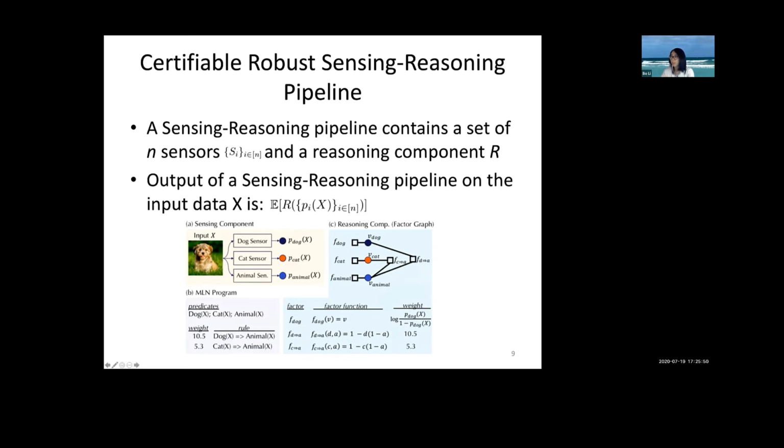So we can see here each sensor outputs dog or cat or animal, and for this output of the sensing models, there is a factor graph which can incorporate the factors among these sensors, so that we can learn the weights later for each factor within the graph, and emphasize different types of knowledge.